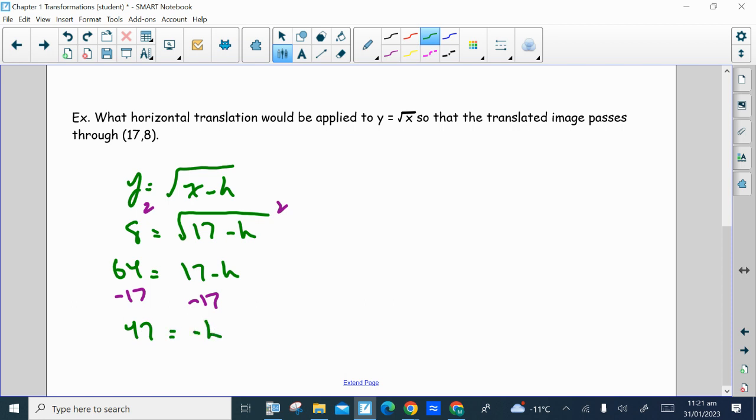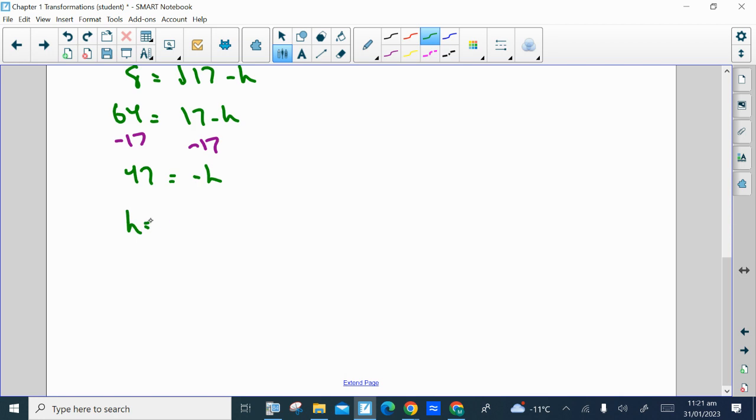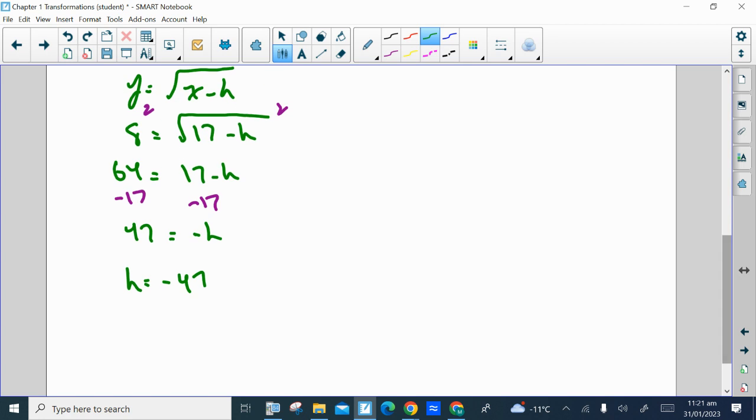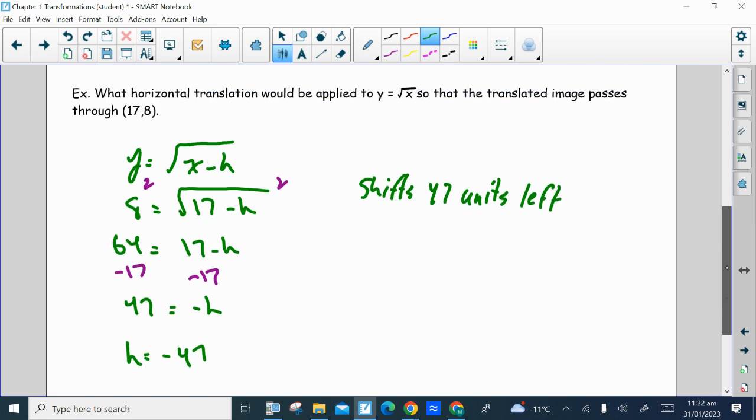And that's what negative h is, so positive h would be negative 47, which means the graph would have to shift 47 units left. That is the answer. That is the horizontal translation that would need to happen so that the translated graph passes through the point 17, comma 8.